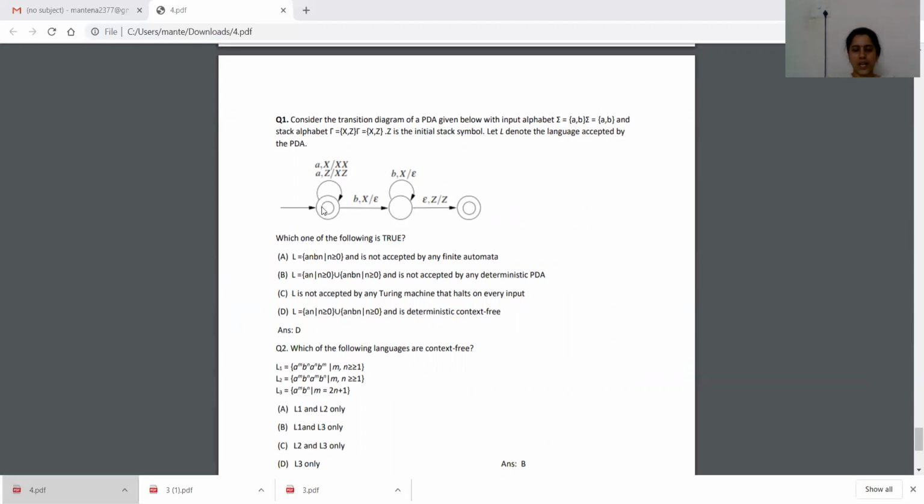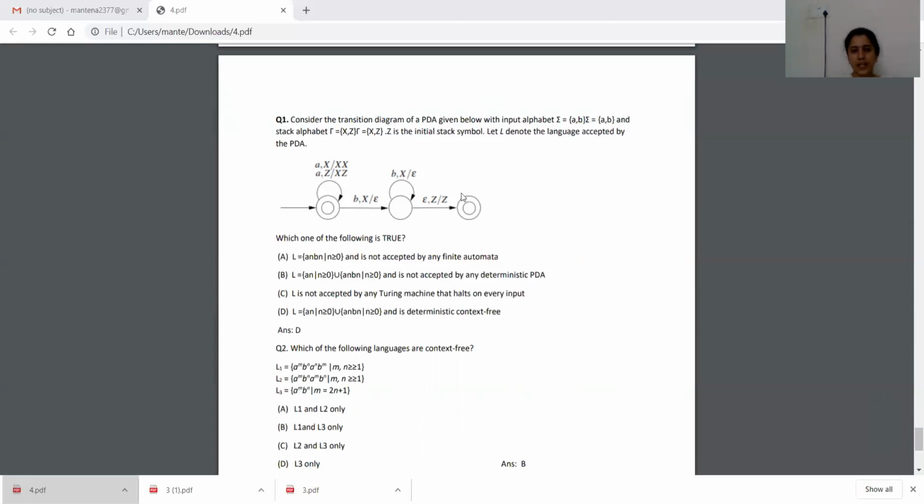From the starting state, on reading A, reading A continuously, we go to the final state. So one language accepted by this is a power n.